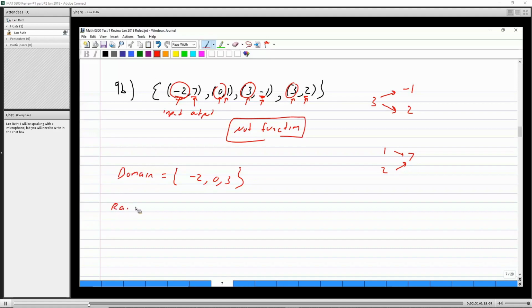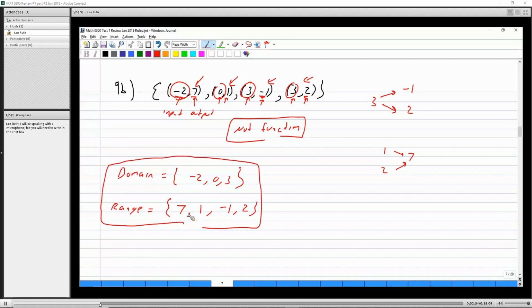And the range is the set of the outputs. And again, don't put in any repeats if you had any. So you look at the second numbers, 7, 1, -1, 2. Order doesn't matter. I would either do the order that they're listed or maybe put them in increasing order. With sets, order doesn't matter. So that's domain and range for 9b.